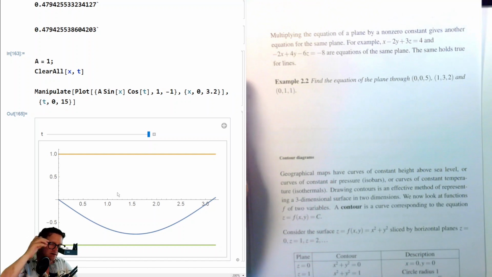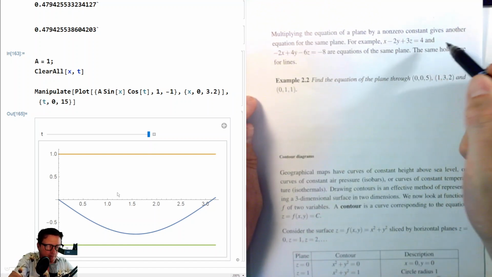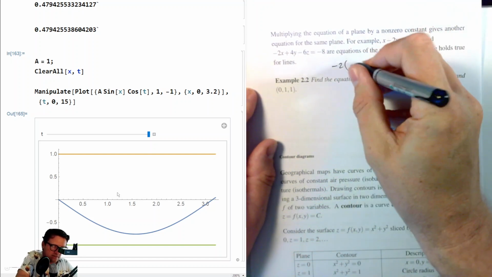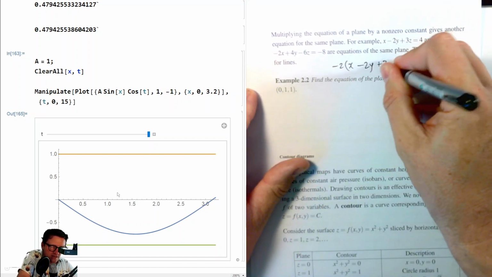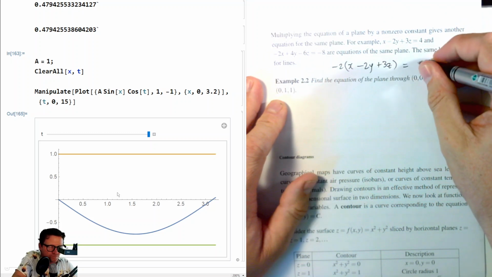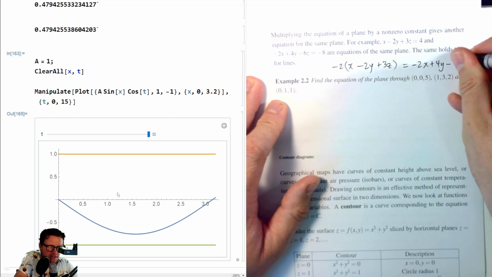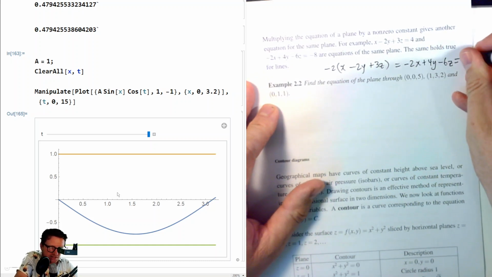So what's happened here is just taken this one and multiplied that throughout by minus 2. So minus 2 times x minus 2y plus 3z gives us minus 2x plus 4y minus 6z, and that's equal to minus 2 times 4, which is minus 8.